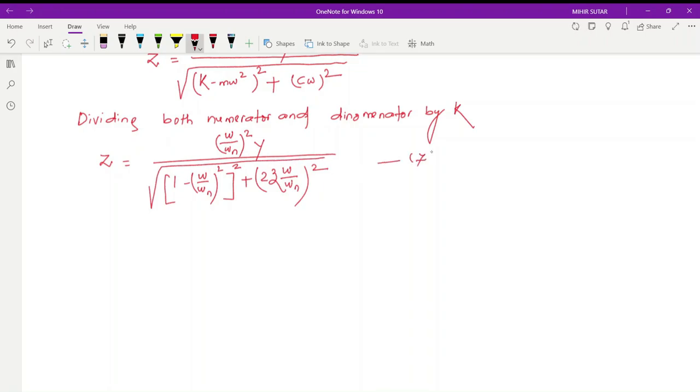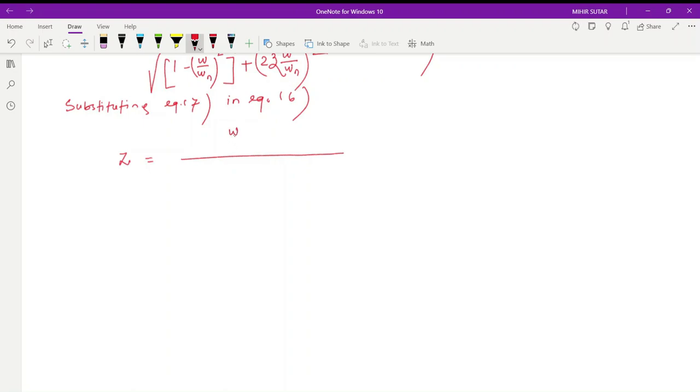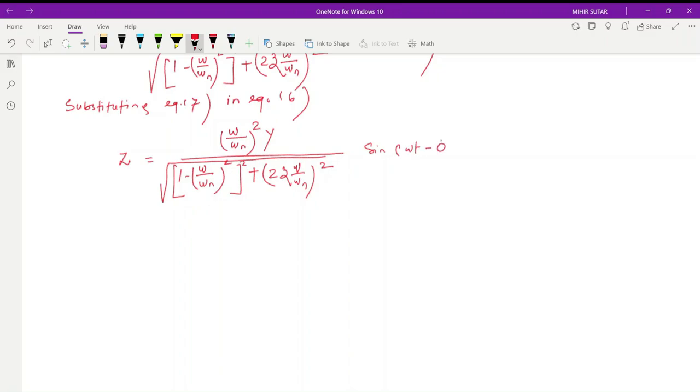This will be equation 7. Now substituting equation 7 in equation 6 we have z equal to (omega by omega n) square Y over the square root of (1 minus (omega by omega n) square) whole square plus (2 zeta omega by omega n) square, multiplied by sine (omega t minus phi).